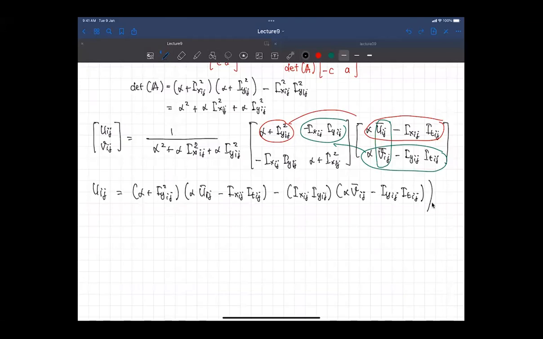Right. So that one will be uij divided by alpha squared plus alpha Ixij squared plus alpha Iyij squared.